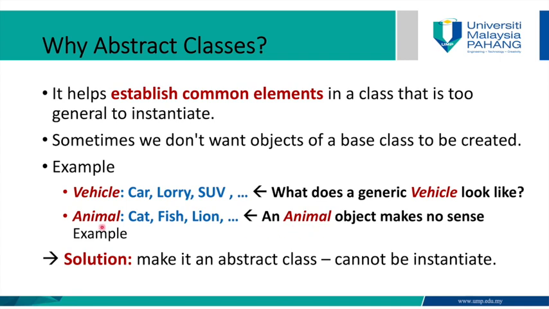If you create one main class animal that represents all these three, it doesn't make sense because it's difficult to find the similarities. So when you are creating an abstract class, you are creating a class where most of the objects have similarities. The solution: we make it an abstract class and it cannot be instantiated.